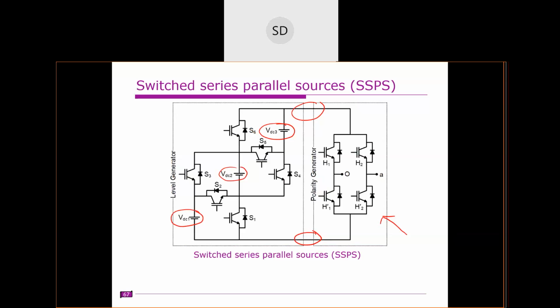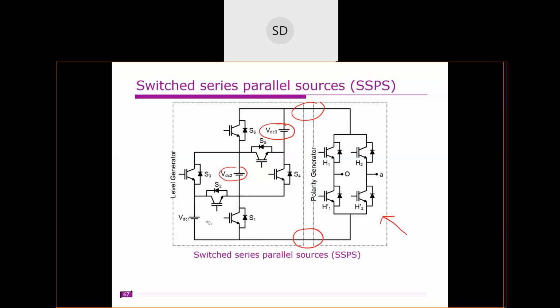S2 and S5. Yeah, if you turn on this S2, it will be like this, right? If you turn on this, it will be like this. Agree? So all the DC sources are turned on, right?